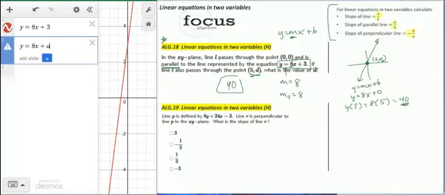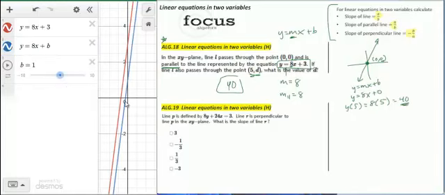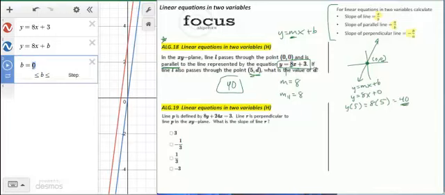This is where that slider comes into play. I'll call it b since it's a y-intercept. If we don't know what b is, we can find where this line passes through the origin. As we slide it around here, we just slide that line until it passes through the origin, and when we find where it is, we see that it's the y-intercept of 0.